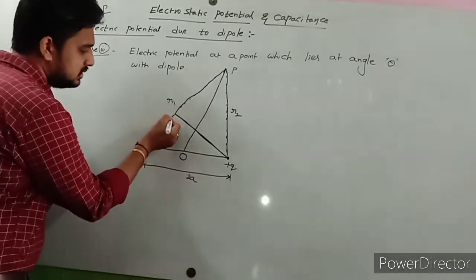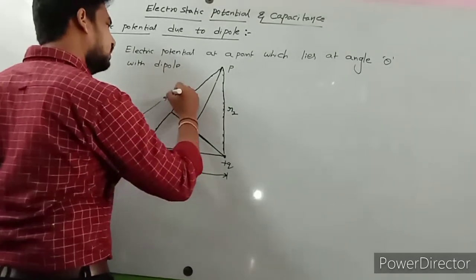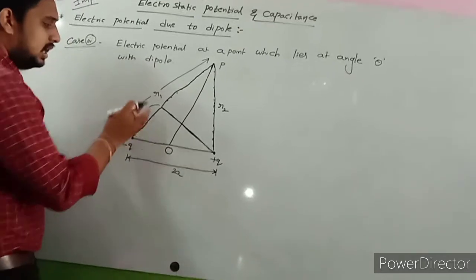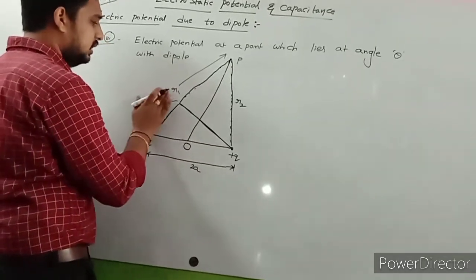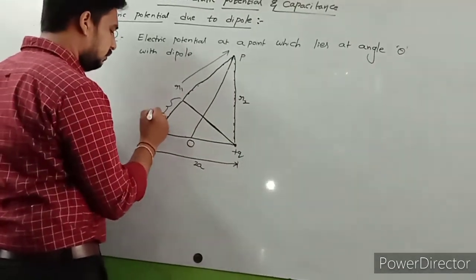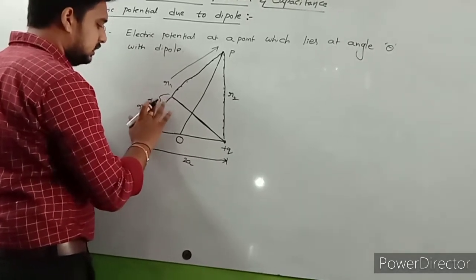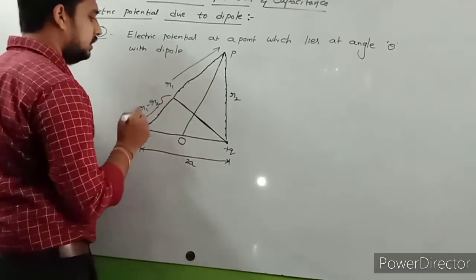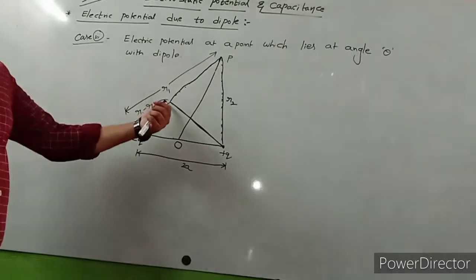Now what about this remaining distance? The total distance is R1 and this one is R2, so this distance is R1 minus R2.